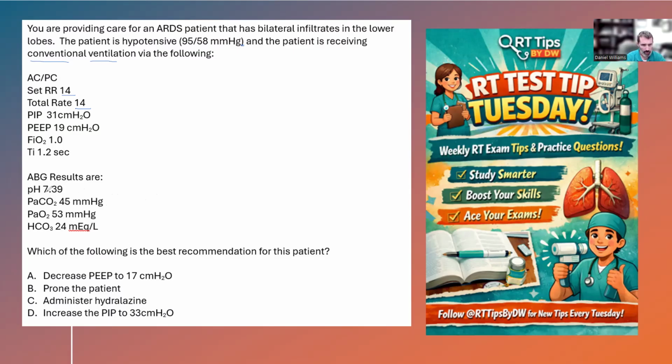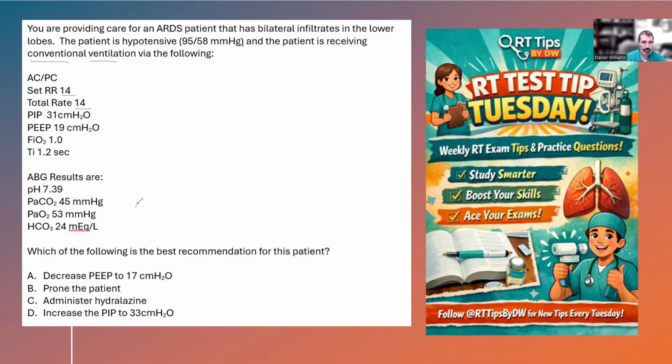But in taking a peek at this blood gas, our pH is within normal range, our CO2 is within normal range, so our ventilation is appropriate at this point for the patient. Our PaO2 is 53. So I said 80 to 100 millimeters of mercury is normal for your PaO2, and then you have various degrees of hypoxemia below that.